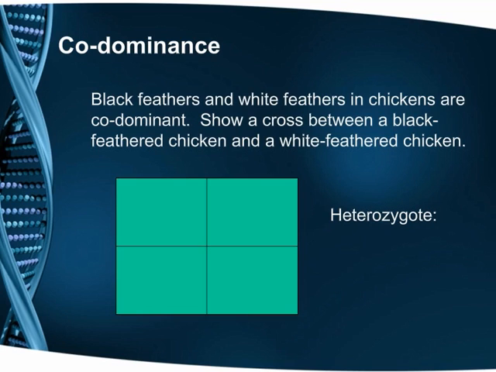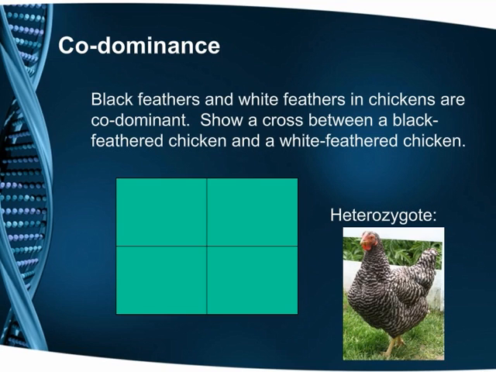So complete the Punnett square as indicated. Then under the section for heterozygote, you will write black and white. These individuals that are heterozygous express both of the alleles because they are codominant, black and white.